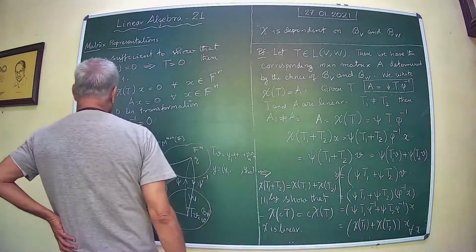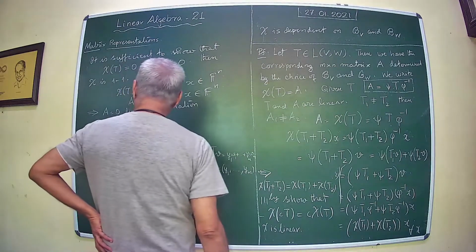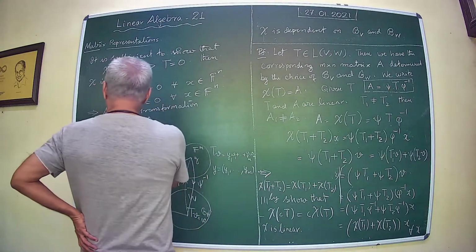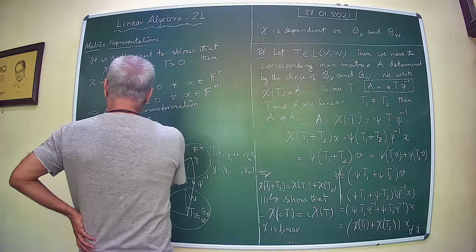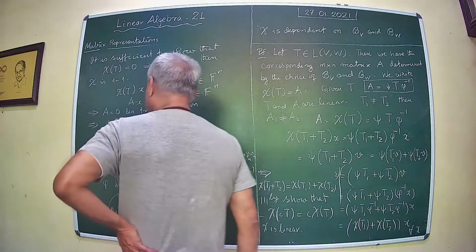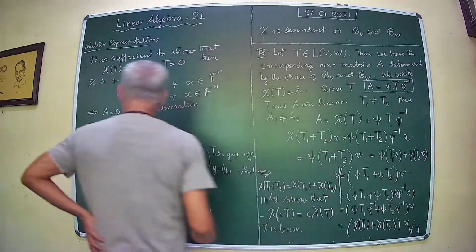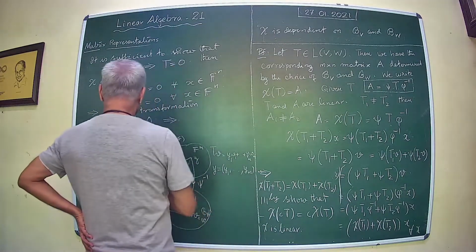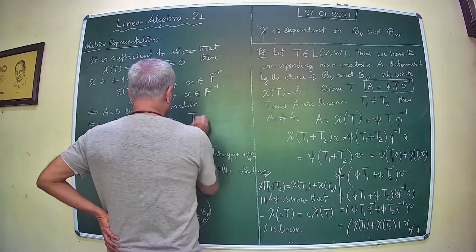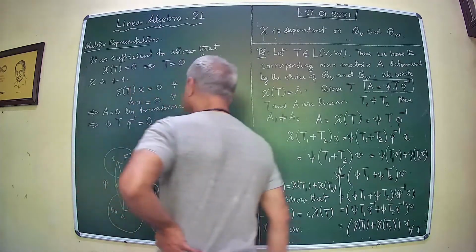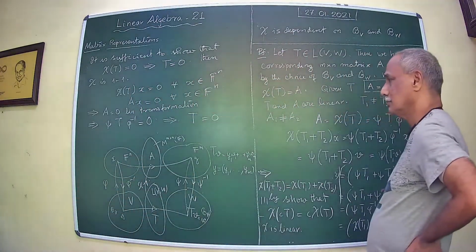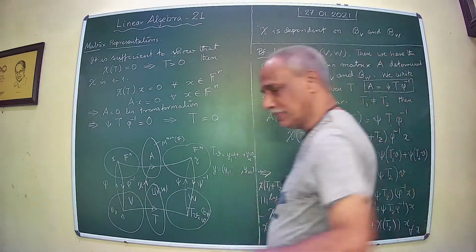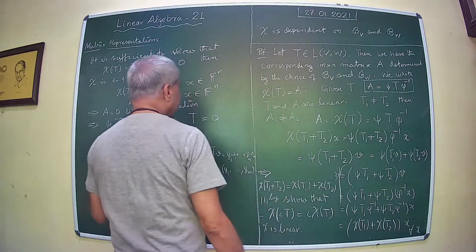What does this mean? This means that since both psi and phi are 1 to 1, so you see that this is equal to, so you can work out T. What is T from here?